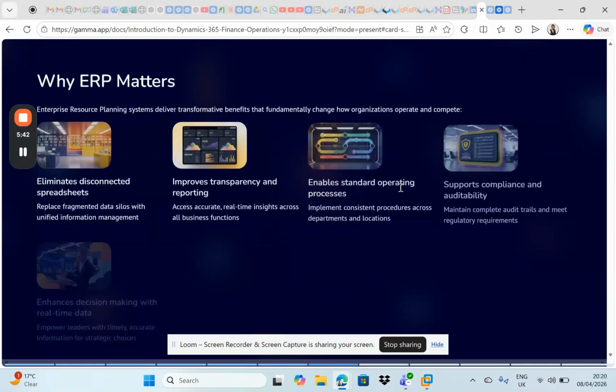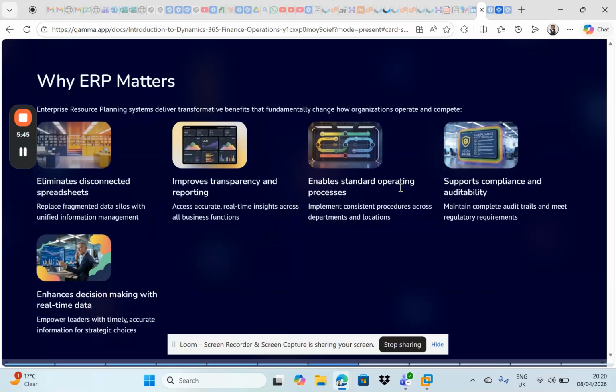Moving ahead, why do these ERP systems matter? When you look at it, you realize that most companies process their financial data on spreadsheets or in books. Look at it from an accounting perspective.